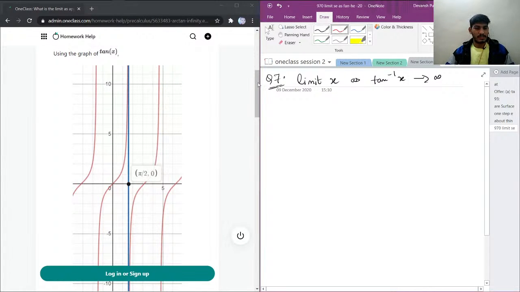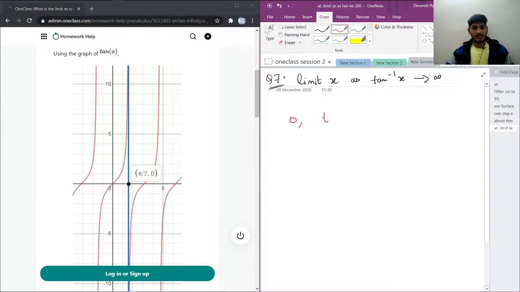So if we see the graph of tangent of x, we can see at x equals to 0, or not x equals to 0, at pi by 2, my tangent of pi by 2, not, sorry, not tangent, first I'll just start with 0.